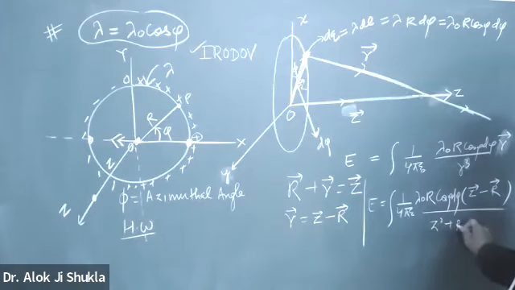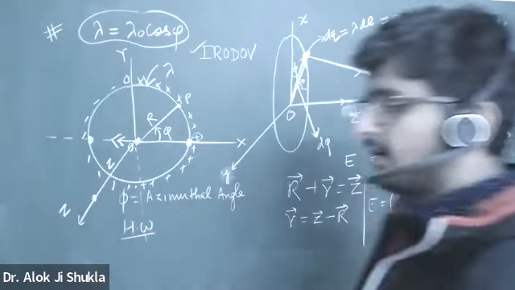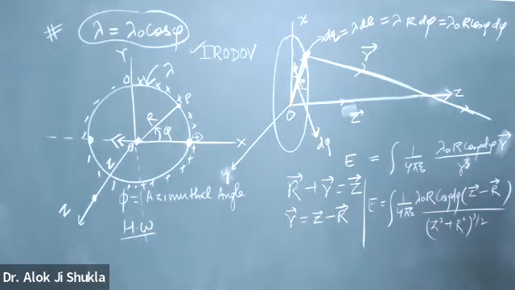Z square plus r square to the power 3 by 2. चेक करो, triangle law लगाया है. Is it okay?